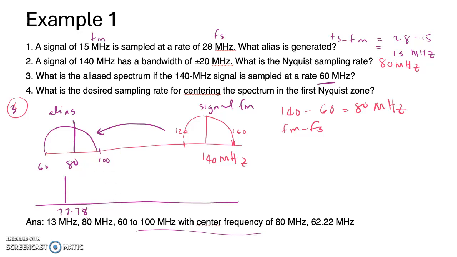Plus 20 is going to be 97.78, and 77.78 minus 20 is going to be 57.78. Now, is this really within the first Nyquist zone, or is it not? Let's try to figure it out.